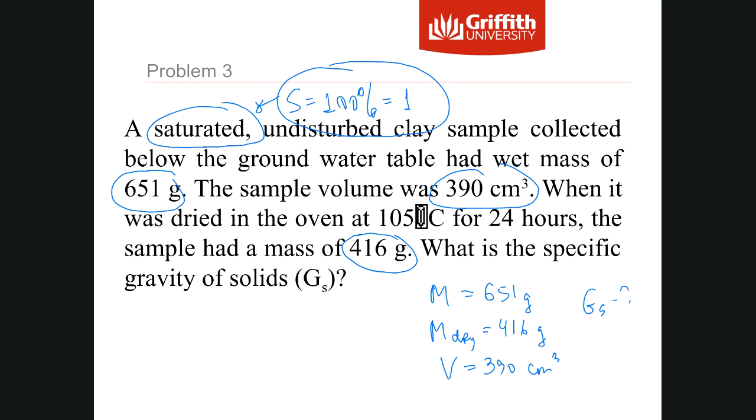First of all, what we can find is water content and then dry density. Water content is mass of water divided by mass of solids. Mass of water is the difference between total mass and mass of dry soil, and mass of solids is the same thing as mass of dry soil.